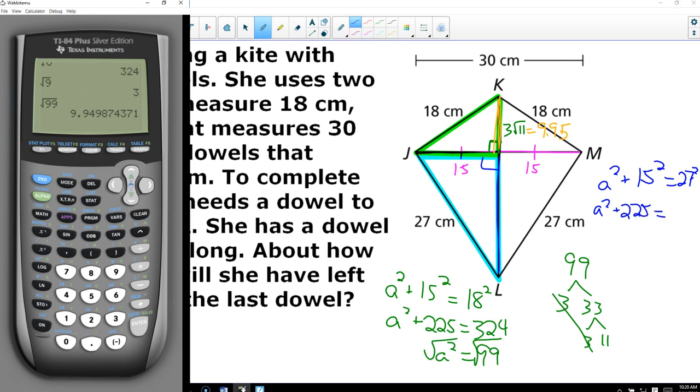And 27 squared is 729. So we subtract 225 from that. We get 504. We take the square root. And we're not even going to bother with doing the exact answer because we know that we're looking for a decimal answer. We get 22.45.